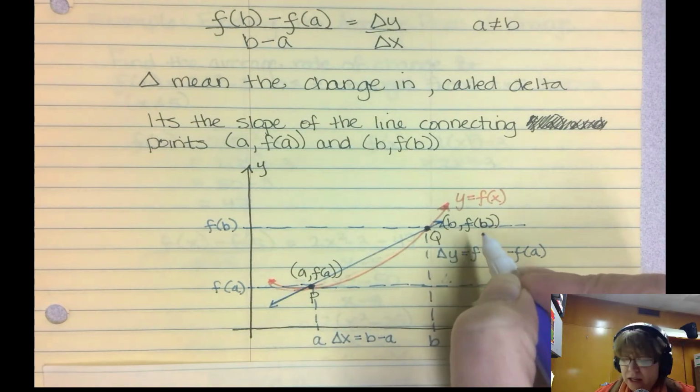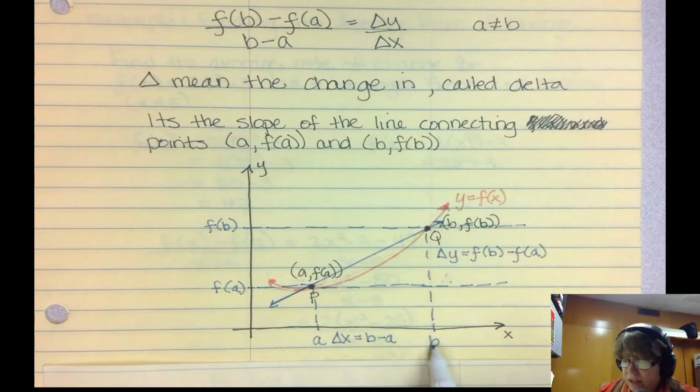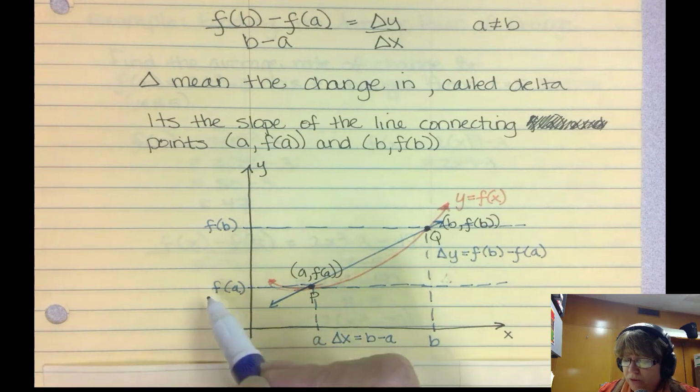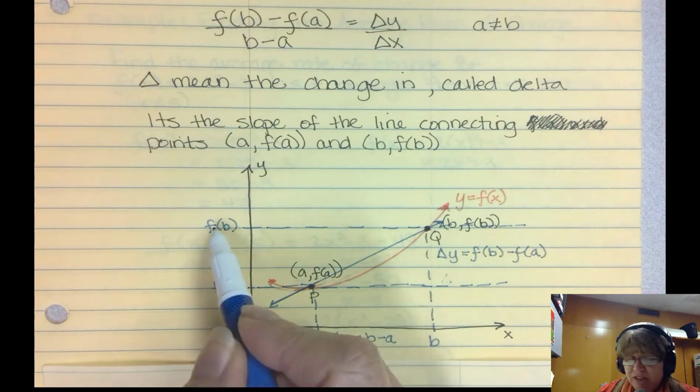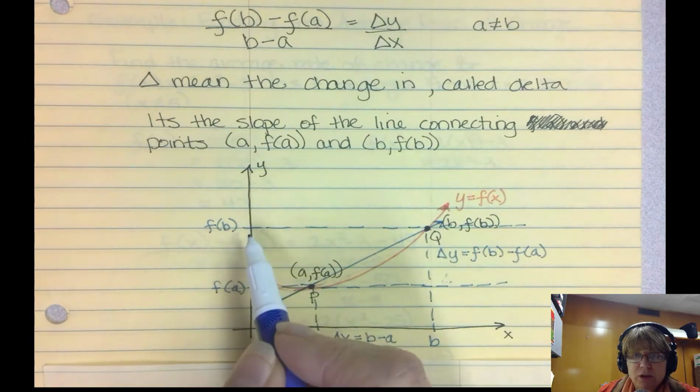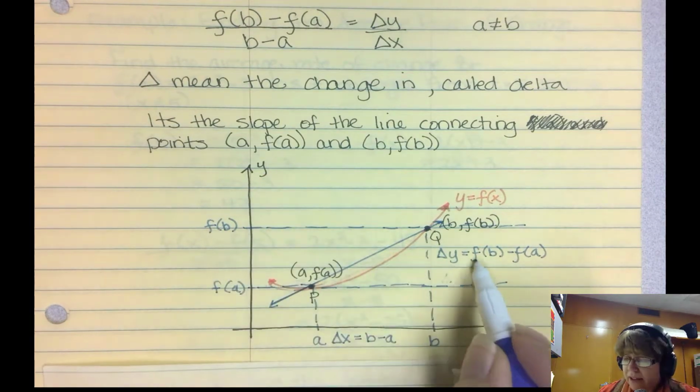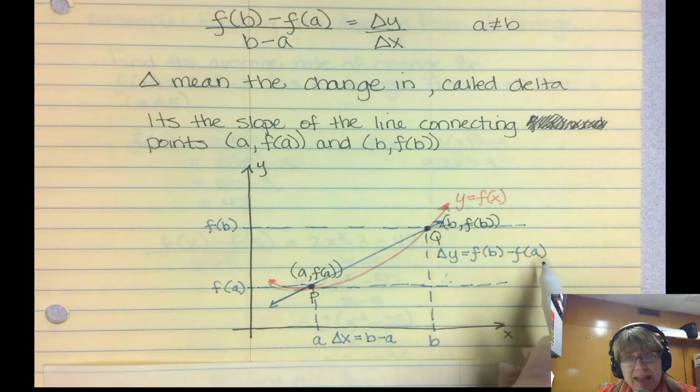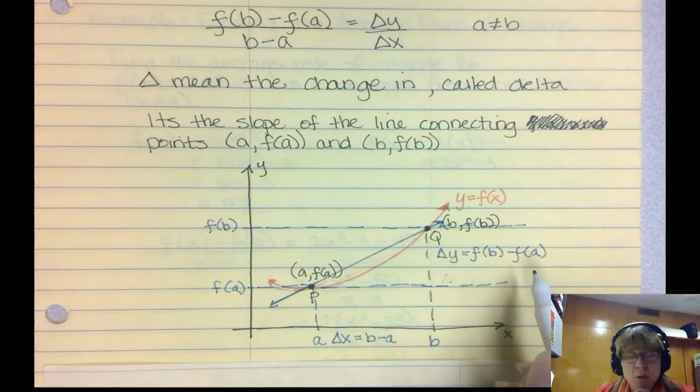How do we do that? We figure out the change in x. We went from a to b, so the change here is going to be b minus a. We went from f of a to f of b on our y-axis, so the change here is going to be f of b minus f of a. Now, if it helps you, just think of these as points and you're working on the slope of the line.